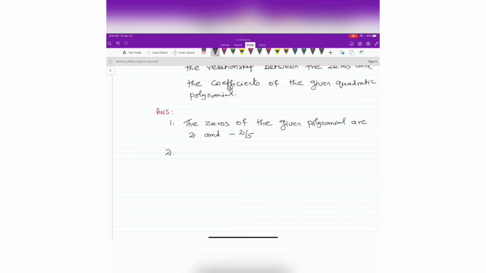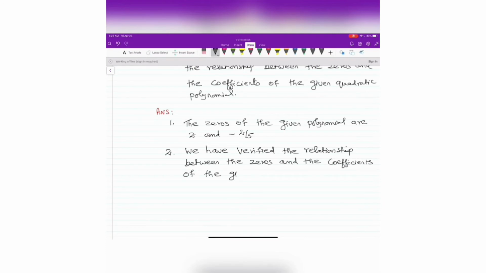And the second part, we have verified the relationship between the zeros and the coefficients of the given quadratic polynomial.